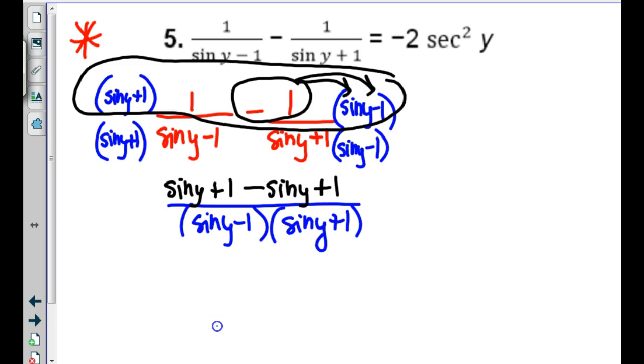Then what? What happens to the top? Those subtract away, right? And then 1 plus 1 is 2. That seems good because we're supposed to have a 2 somewhere, right?